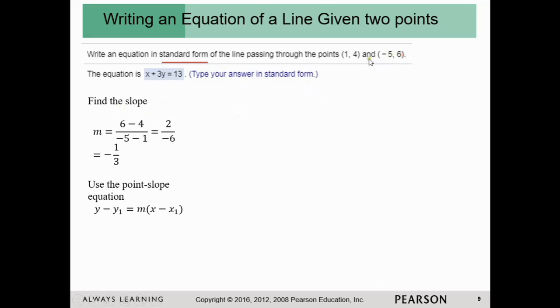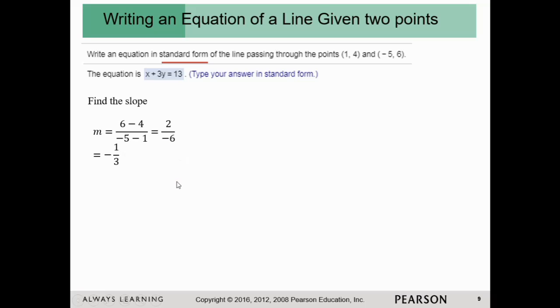So we go 6 minus 4 over -5 minus 1. 6 minus 4 is 2. -5 minus 1 is -6. That reduces down to -1/3. Very important that you reduce this because you'll end up with little bit harder numbers to handle if you don't reduce this.